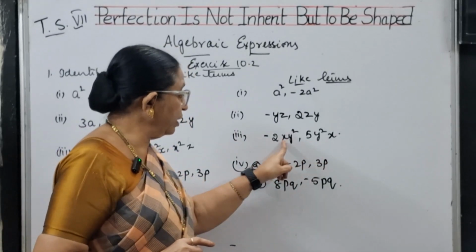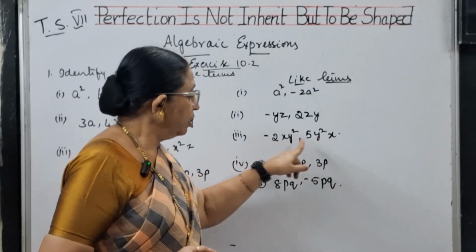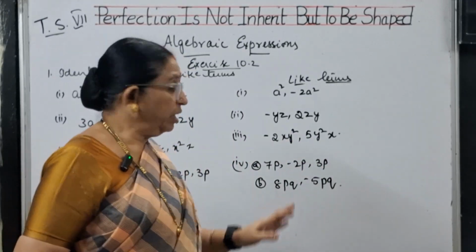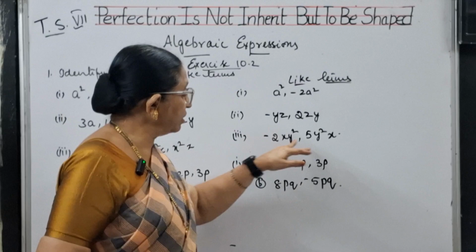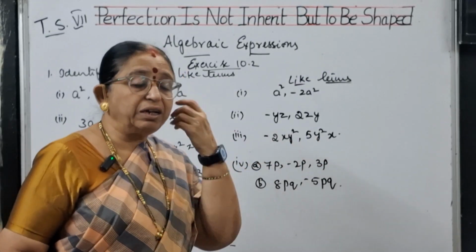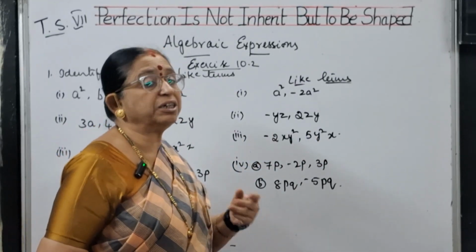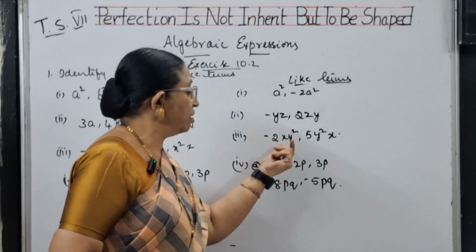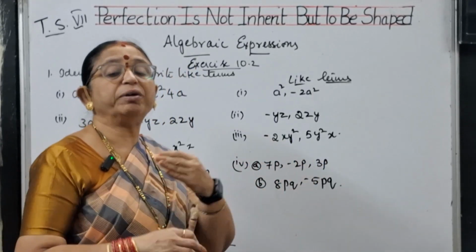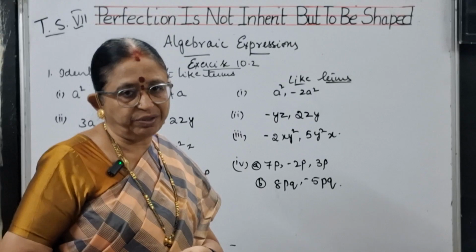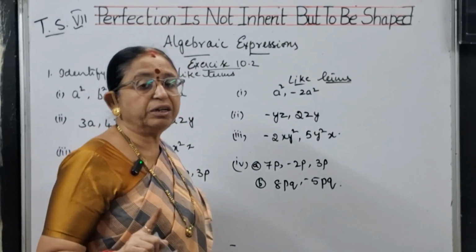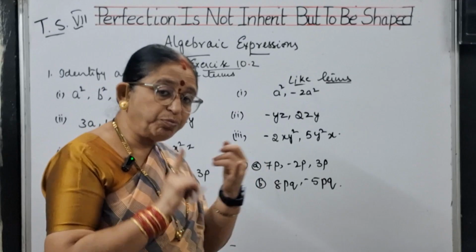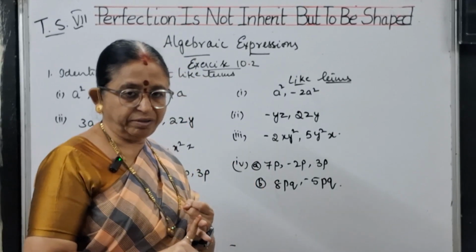See, xy square and y square x: both of them are the same, but to our eye it looks different because here x is there, here y is there. That kind of misinterpretation happens because they try to confuse us by exchanging positions. But always be careful whenever you see expressions: see powers, see variables.